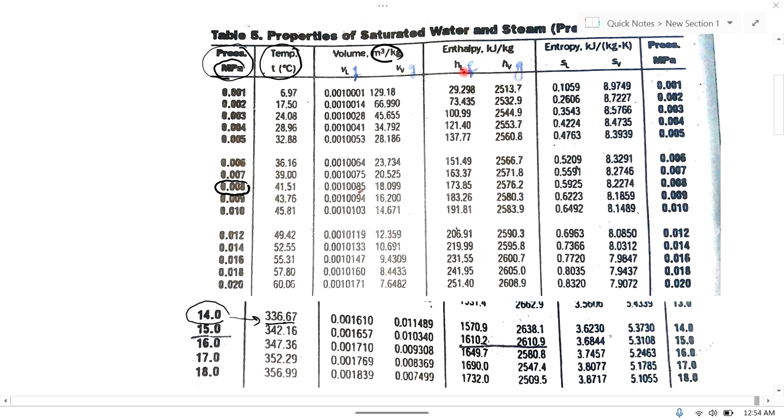And HF is 173.85, and similarly SF is 0.5925.